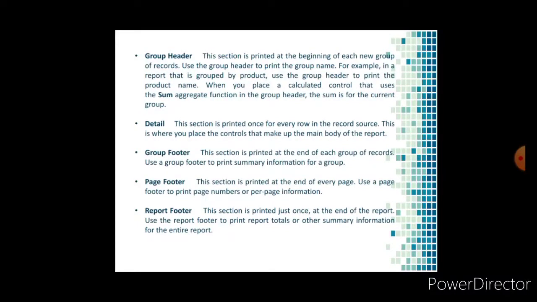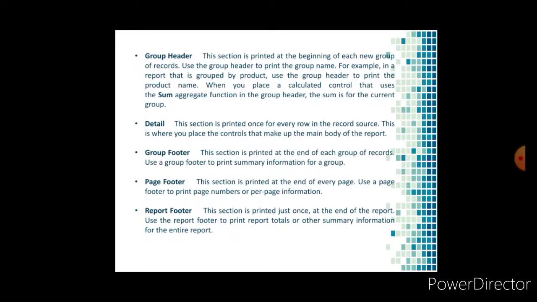Next, detail. This section is printed once for every row in the record source. This is where you place the controls that make up the main body of the report. Next one is the group footer. This section is printed at the end of each group of records. Page footer.